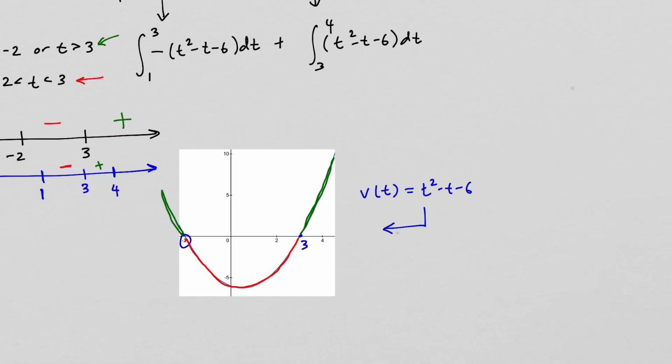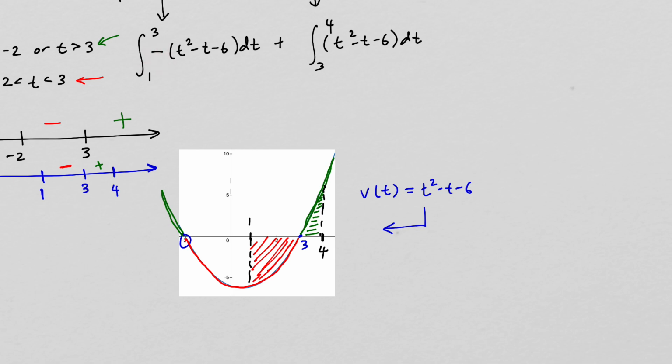So again, when we integrate from 1 to 4, I want you to see that from 1 to 3, the function and therefore the area is going to be negative. And from 3 to 4, the function and therefore the area is going to be positive. So to get the total distance traveled, I have to take this negative area and turn it into a positive area. And that's exactly what this negative sign is doing.